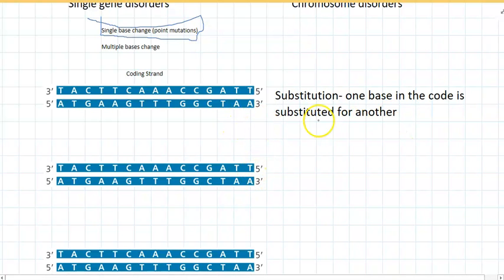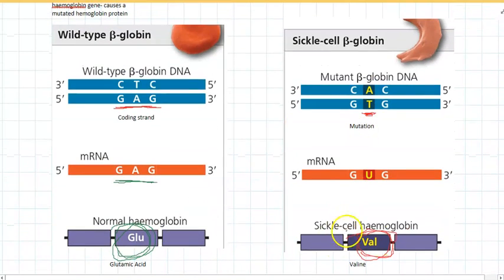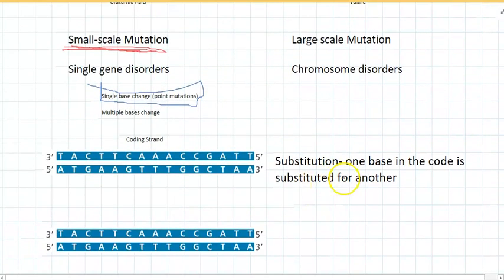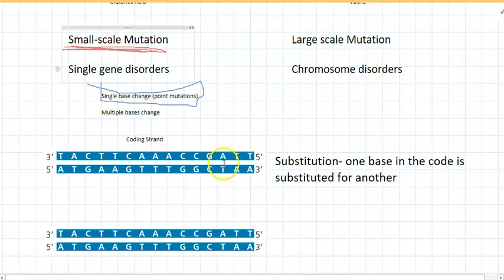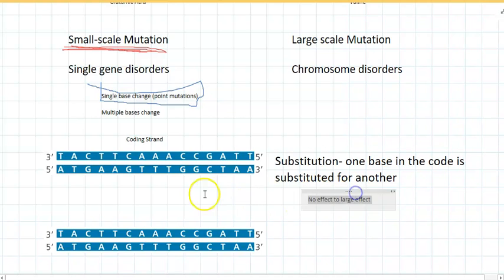All right, these can change the amino acid, like we saw with sickle cell anemia. Sometimes they don't, so they can have no effect at all, leading all the way up to they can have a large effect on the actual protein at the end.